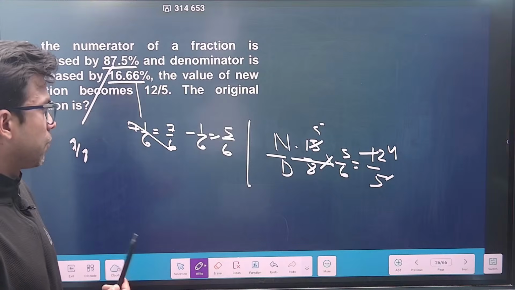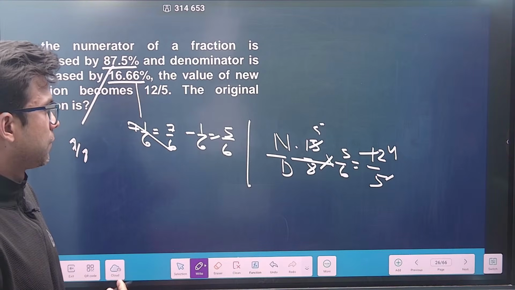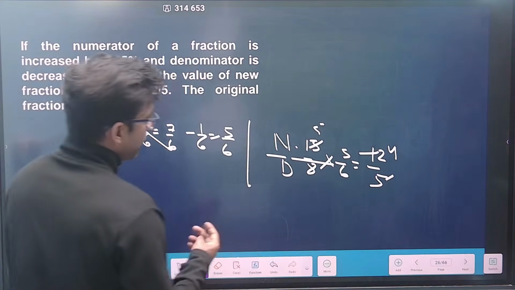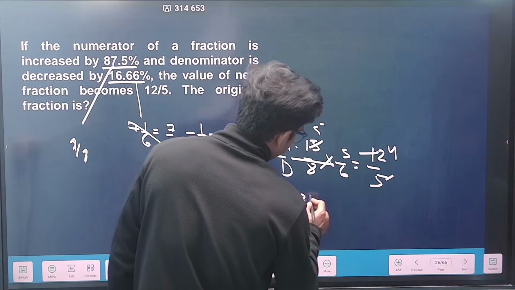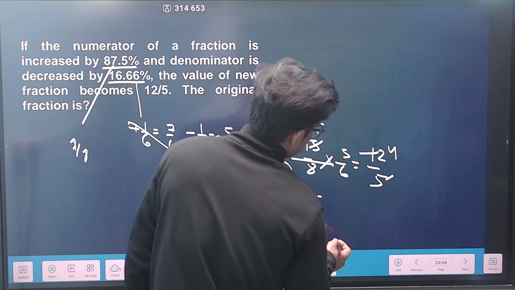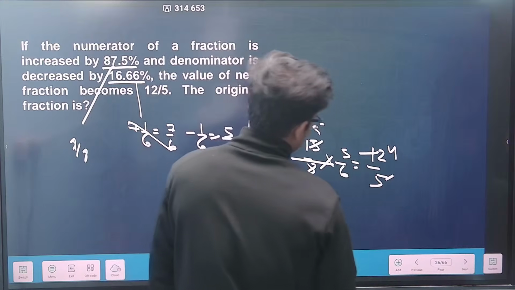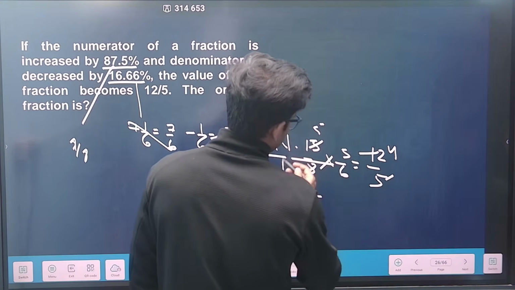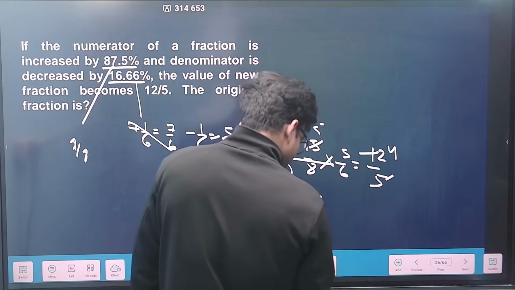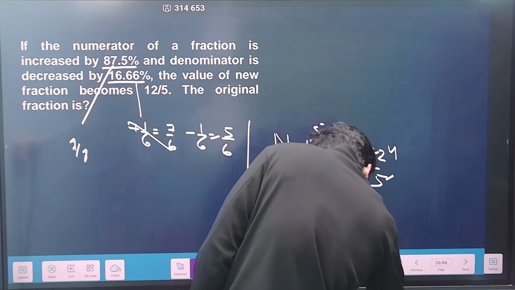This would be 25, and this 5 and this 5 get cancelled out, no? That would be numerator and denominator.